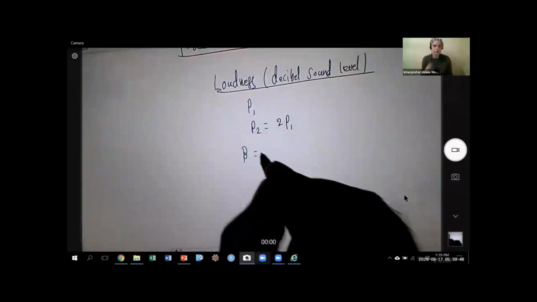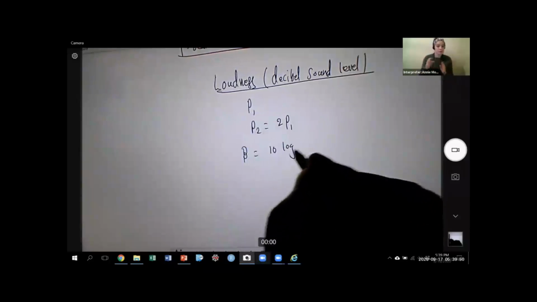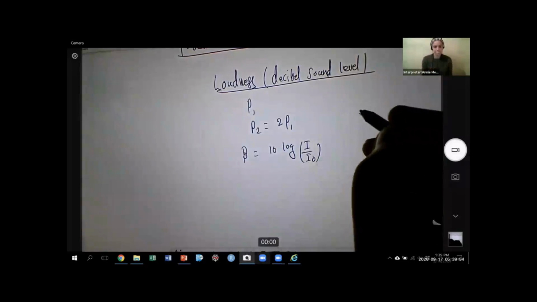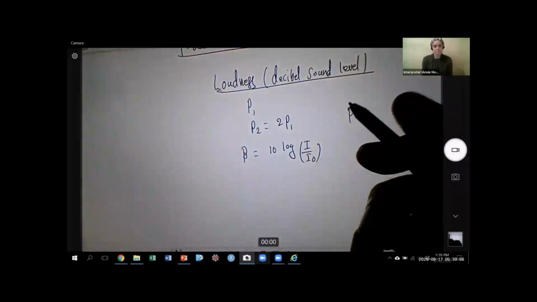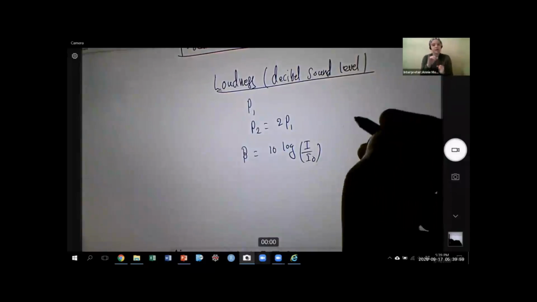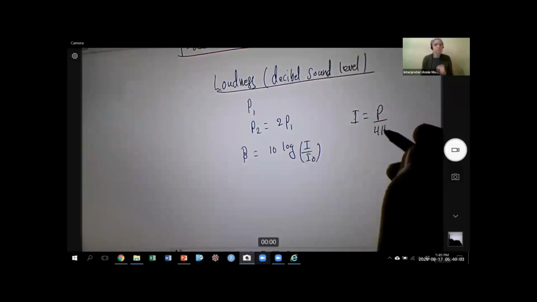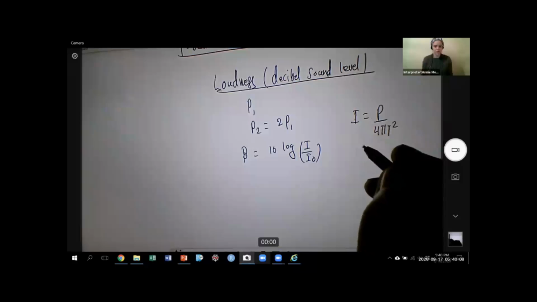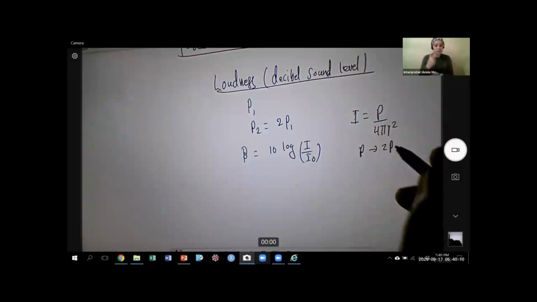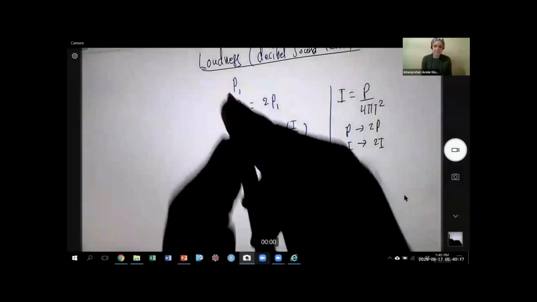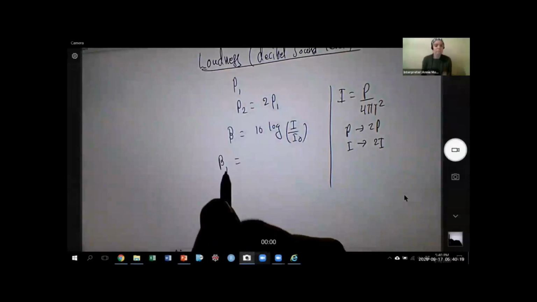Our main formula is beta equals 10 log I over I naught. Remember, intensity of sound is power over surface area, 4 pi r squared. If power doubles, intensity also doubles. Now we just need to find the two loudnesses.